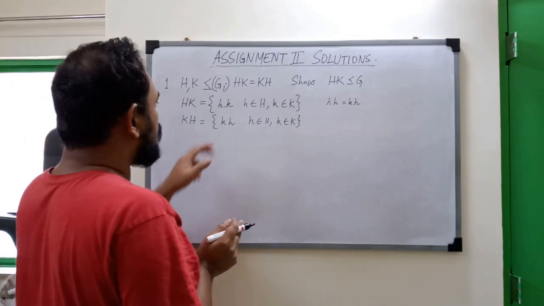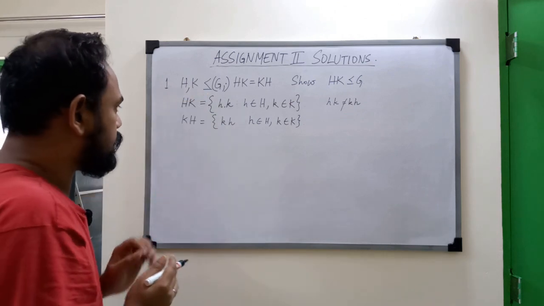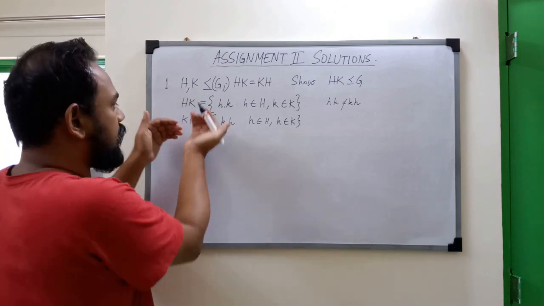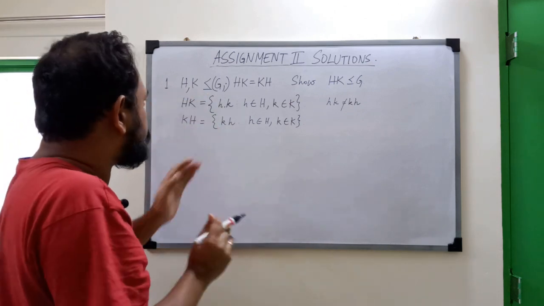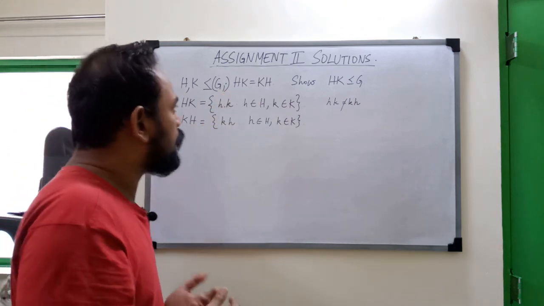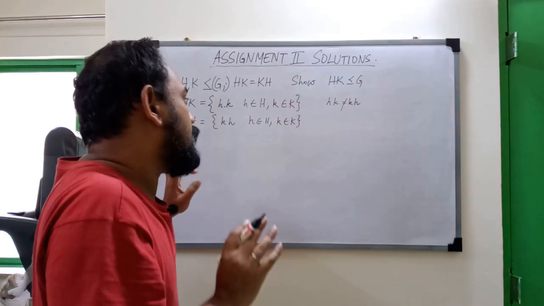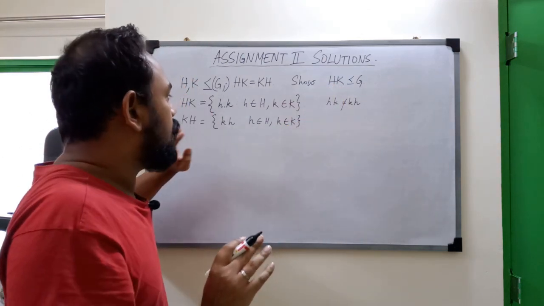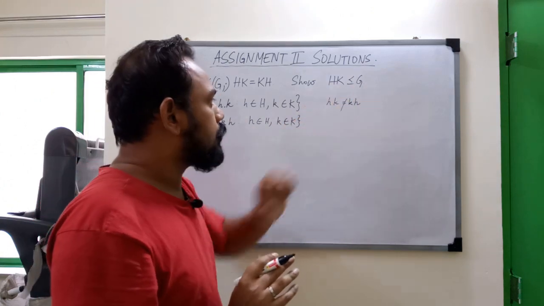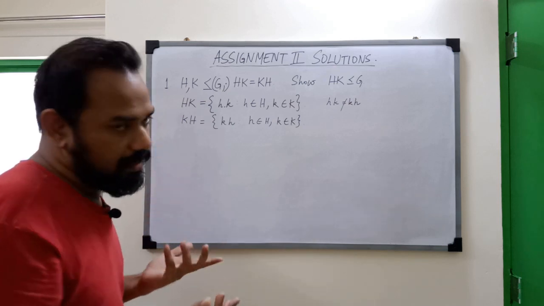Because HK may not be equal to KH if G is not commutative, there is no reason to think that HK will be equal to KH. But in this problem, it's given that HK is equal to KH. In that case only, you can show that this HK, which is really a subset of G, will become a subgroup of G with dot as the binary operation.